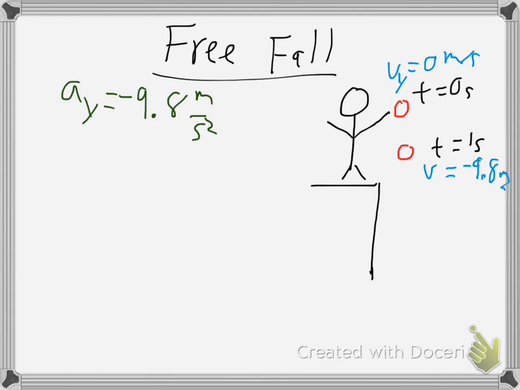Okay. So even though acceleration is constant, of course, that means that the velocity is changing. So 1 second later, that velocity has increased another 9.8 meters per second. So now it's minus 19.6 meters per second.